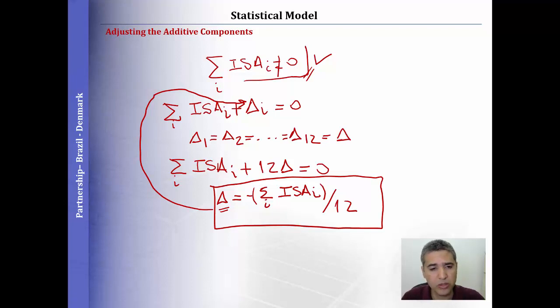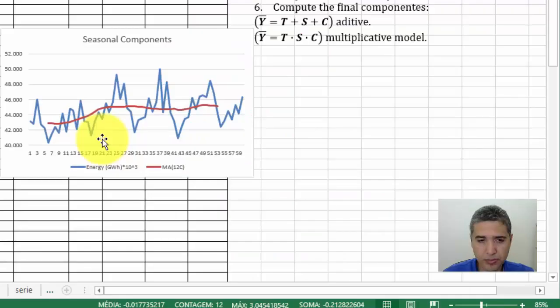And as a result, we will have the sum of all these components during the year equal to 0. Let's see how it will be done by using our spreadsheet. Okay, let's go back to our table.